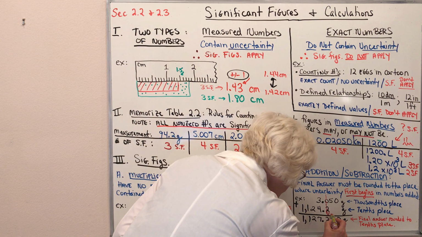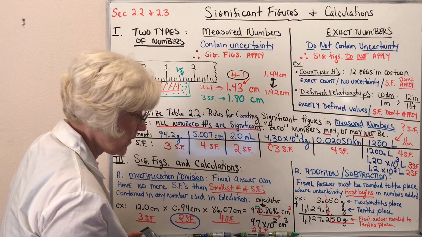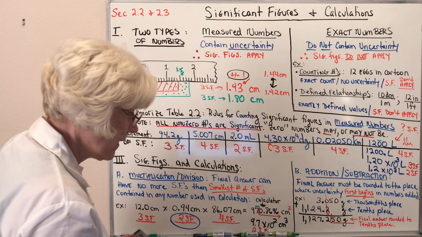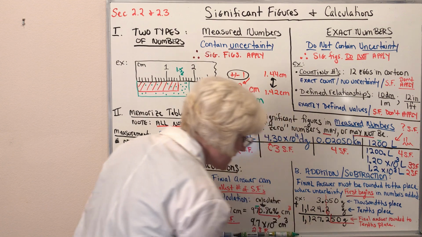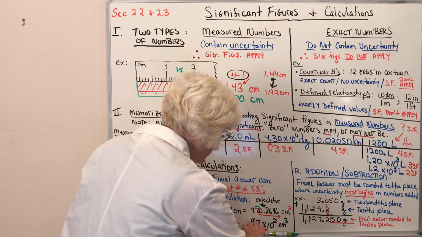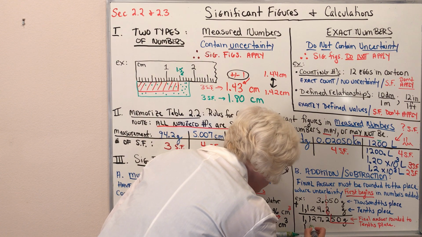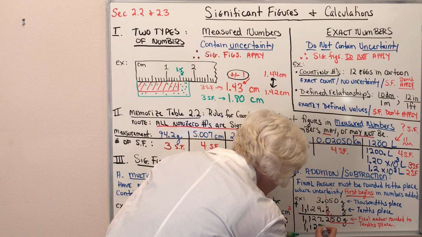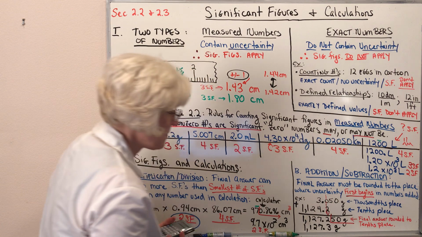So I have to use rounding rules to express this answer in the 10th place. And since what comes after the place of uncertainty is exactly 5, we're going to round that 2 up to 3 and report our final answer as 1,127.3 grams.